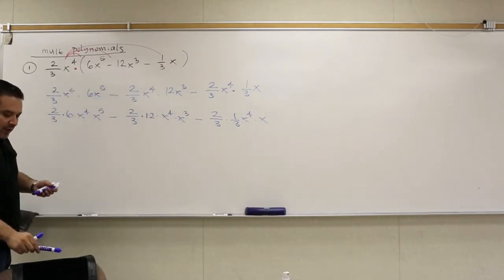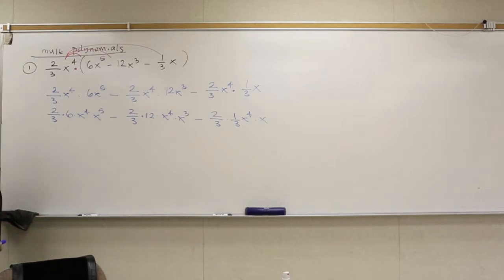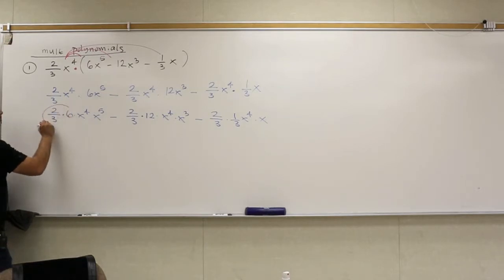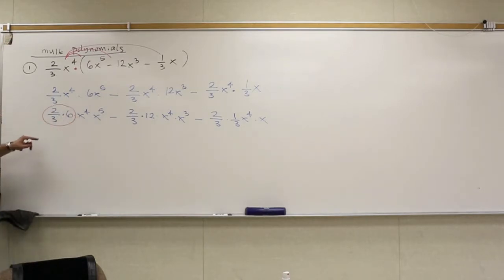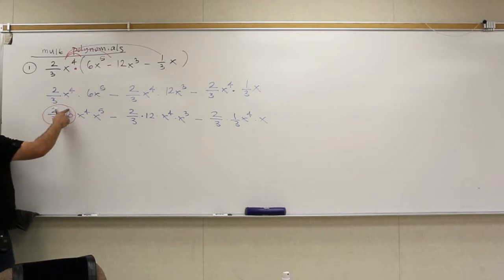So let's try this out. And then let's notice a couple of things. Here's what we have to remember. What is 2/3 times 6 anyway? How do you multiply a fraction with a whole number? Or we can say, what is the 6 multiplied to? The 2 or the 3? It's the top, right?